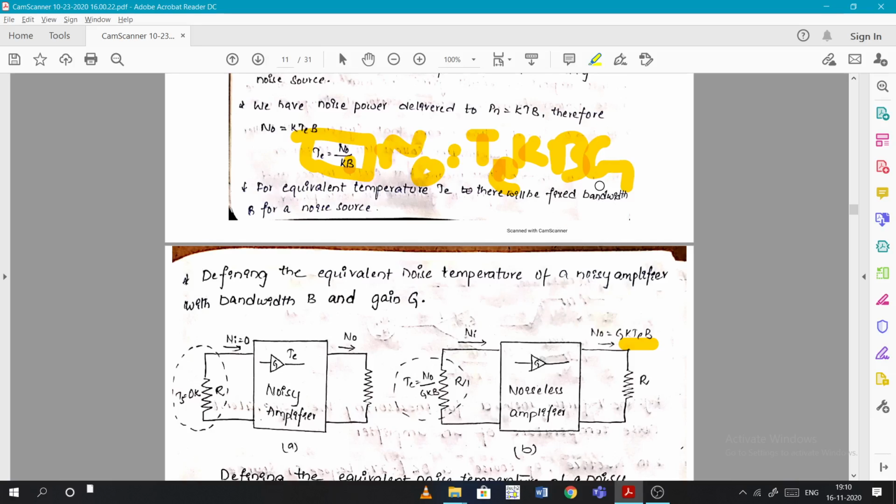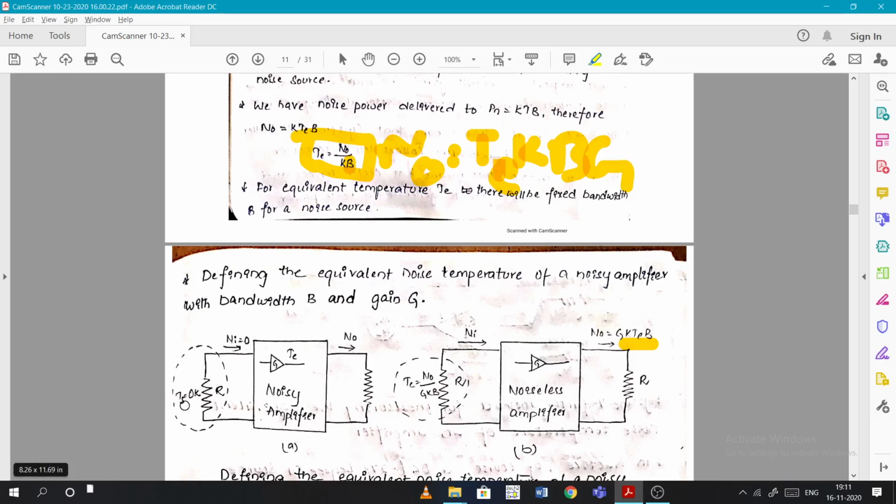So this output can be expressed in two ways. Either we can take a noisy amplifier with an ideal source, or a noisy source with an ideal, noiseless amplifier. In both scenarios you will get the same result, as depicted in these two circles. Here I am taking a noisy amplifier and giving it an ideal source.